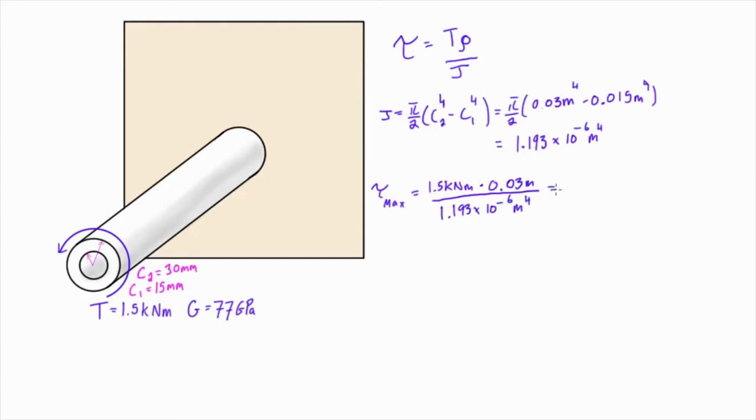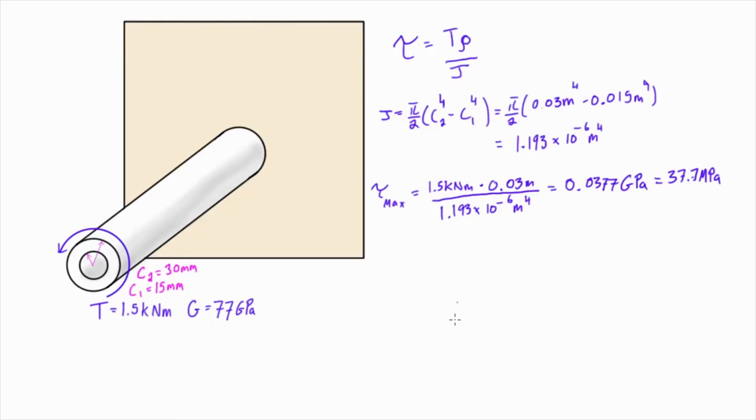It turns out with these exact units, if you have kilonewton meters times something over 10 to the negative 6 meters to the power of 4, if you just do 1.5 times 0.03 divided by 1.193, we're going to get 0.0377, and this unit is in gigapascals. We can convert that to megapascals by multiplying it by 1,000, which is 37.7 megapascals.